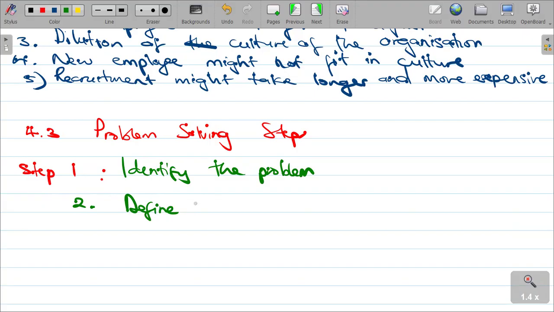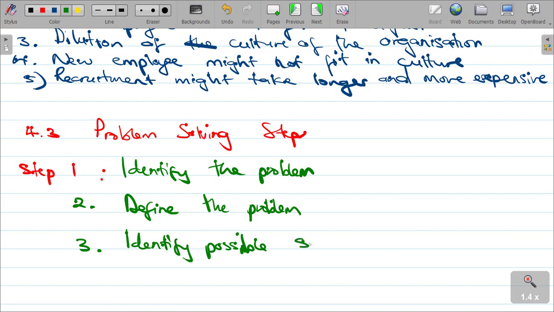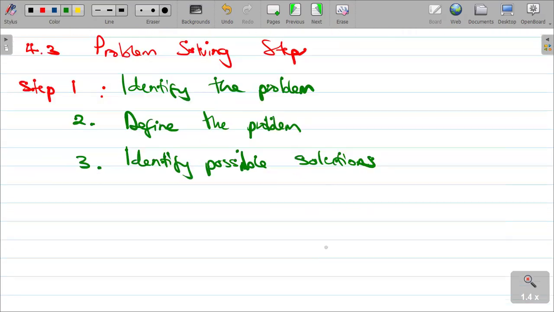Meaning we have confirmed the problem. And then step number 3, that's when you identify possible solutions to solve the problem.